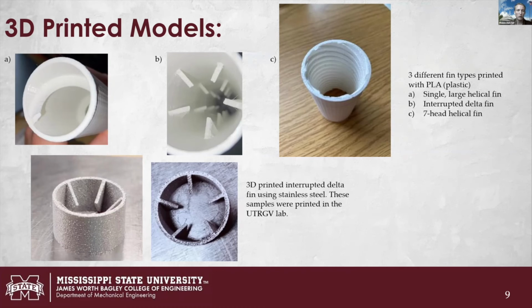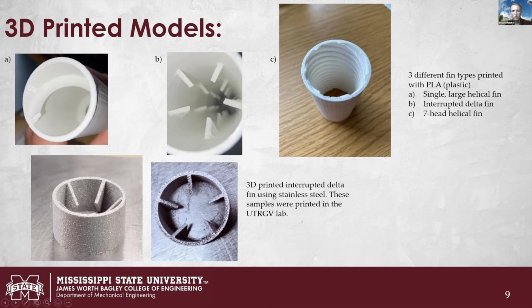You can also see in the bottom two pictures some 3D printed samples from the UTRGV lab that we collaborated with this summer. Those are made out of a stainless steel material, and they follow the Delta fin design, that's the B in the upper pictures.